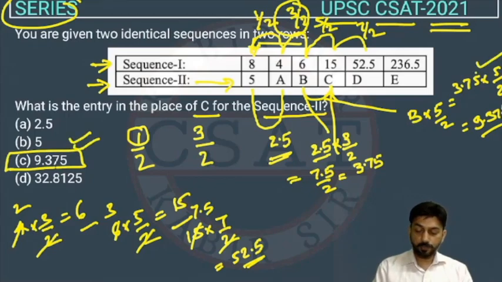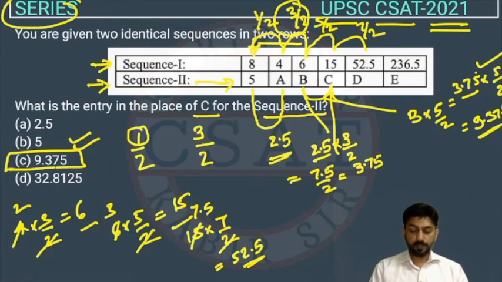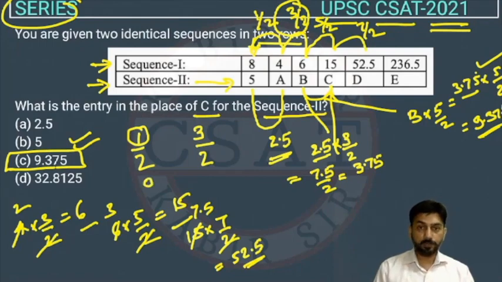So I hope you can do this calculation. This is a very easy calculation, right? If you want, I can do it. You have to multiply 5 with 3.75 first, then we can take half of it. So this will come 9.375. In many books they have given the relationship like 0.5, that this 1 by 2 can also be written as 0.5, and 3 by 2 can be written as 1.5.